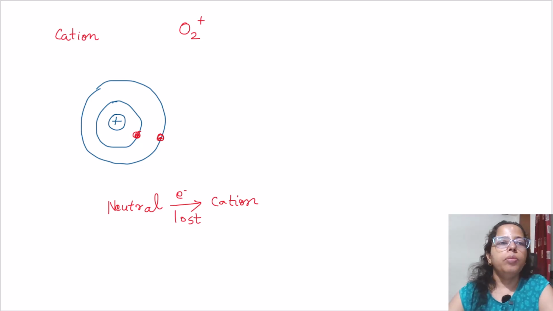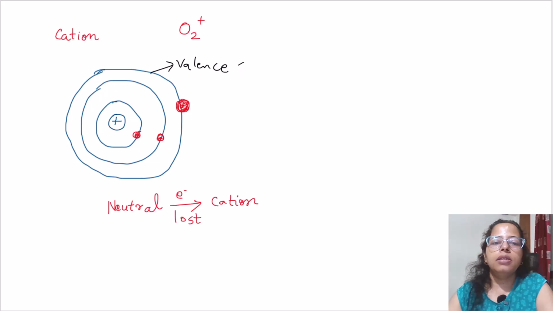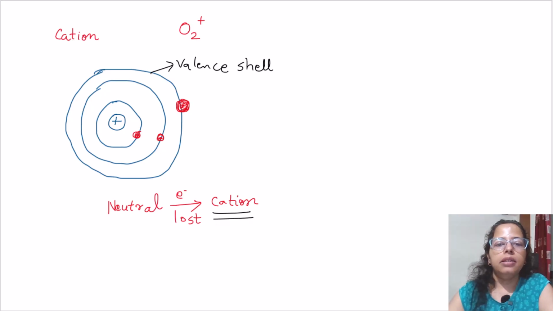Previously, what was the situation for the neutral molecule? Suppose this is the valence shell, we are just supposing, not drawing any actual diagram, and from here it loses an electron to form the cation. Then this is gone. And before that, the ionic radius from nucleus to the valence shell was till here.